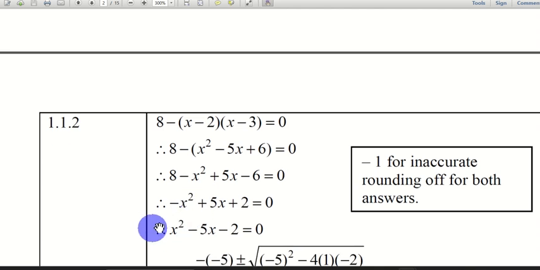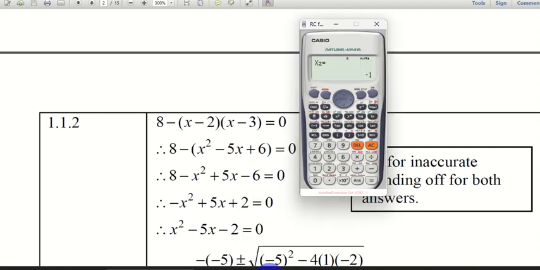Sorry, I don't encourage changing from negative to positive, because last term I saw, not in your scripts, that learners who tend to do this forget. If you change a negative to a positive, that needs to change, that needs to change, and that needs to change. So I would encourage, if you get there, leave it as a negative.